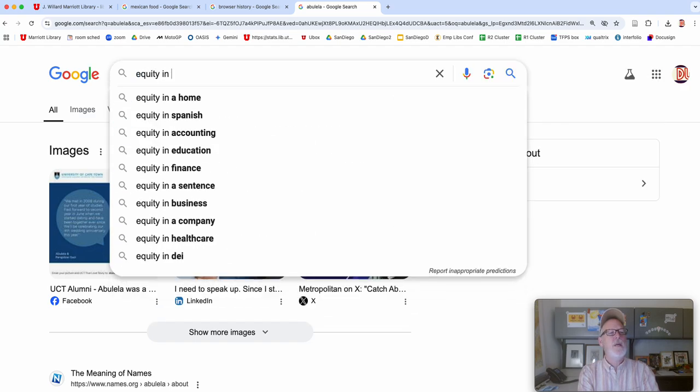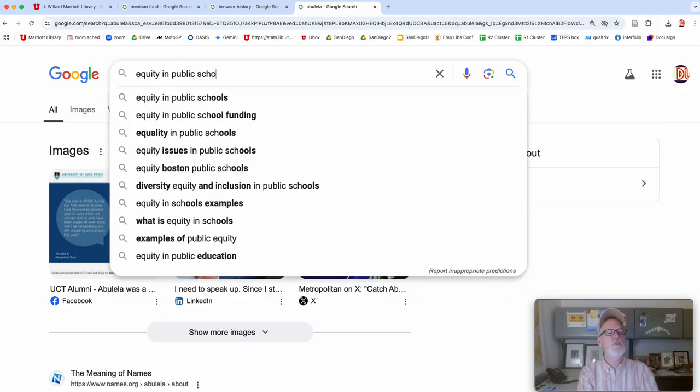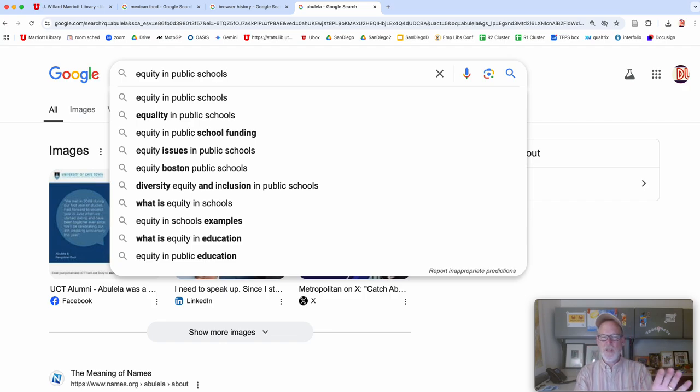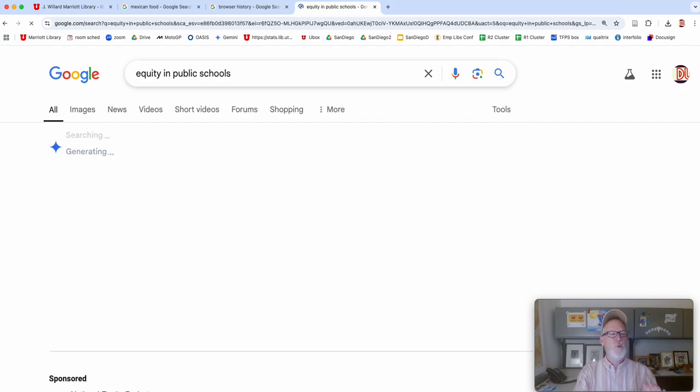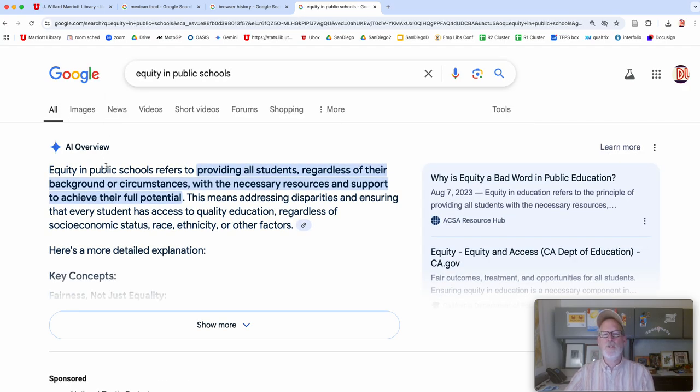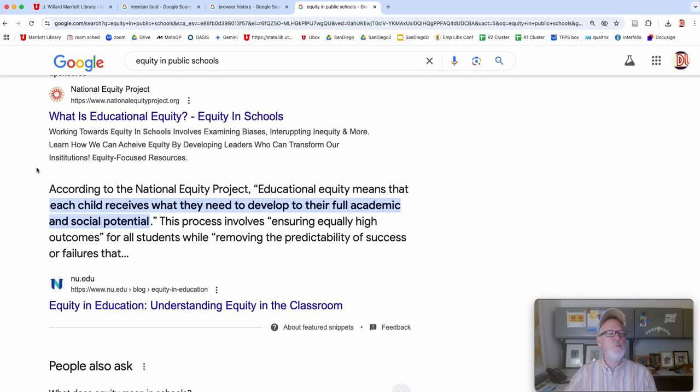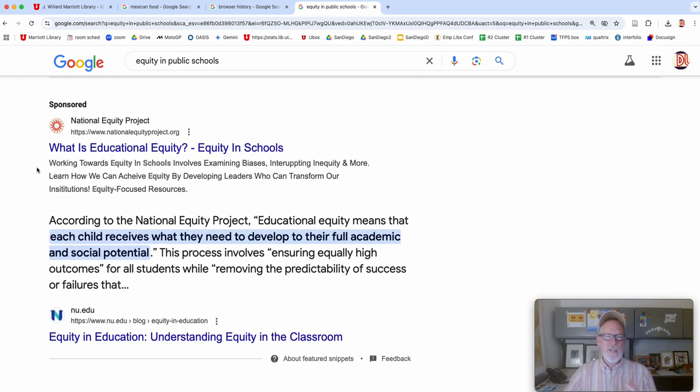equity in public schools, your strategy, now knowing that there are websites that are catering to different belief systems, identities, languages, locations, and things like that, when you're looking up a topic that has pro and con, your strategy will be: who is talking and what do they have to say.